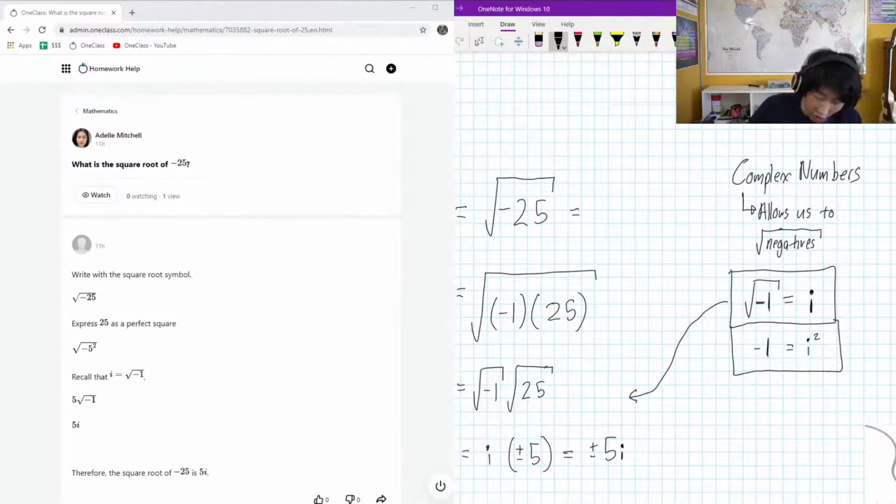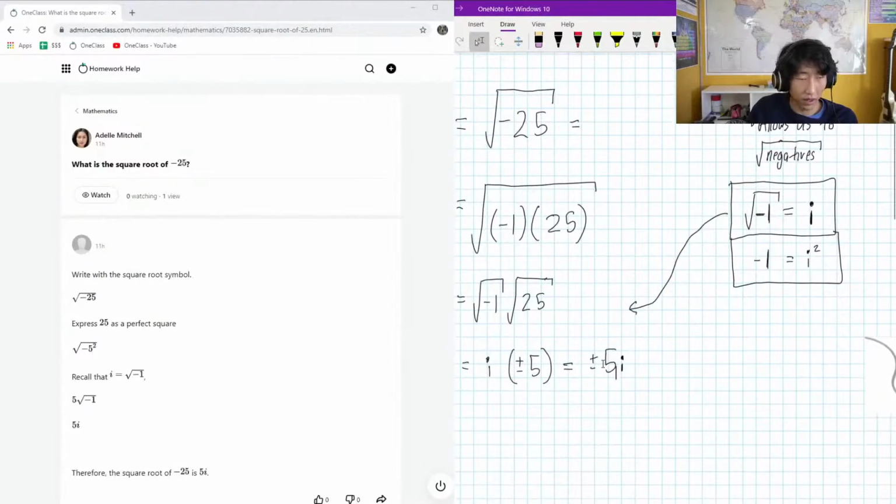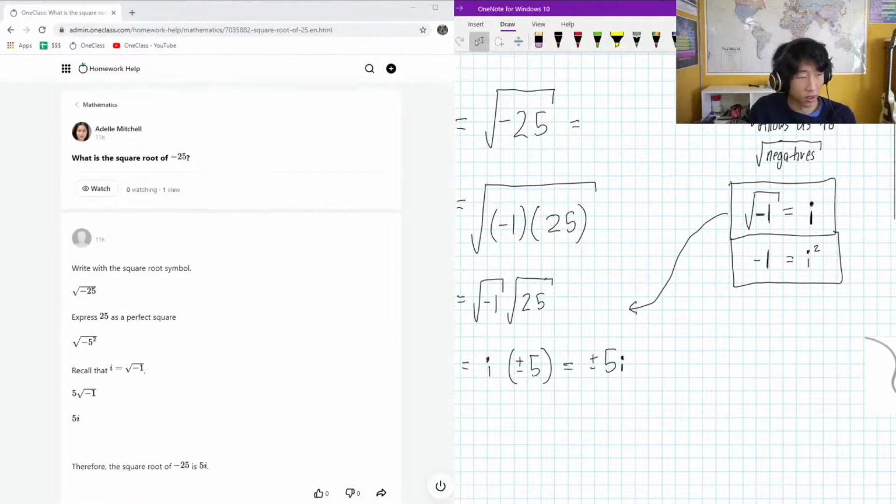And honestly, you want to treat i like it's a variable, just like coefficients, always keep them attached, and yeah, this would just be the answer. So plus minus 5i. Okay, that would be the answer of square root of negative 25.